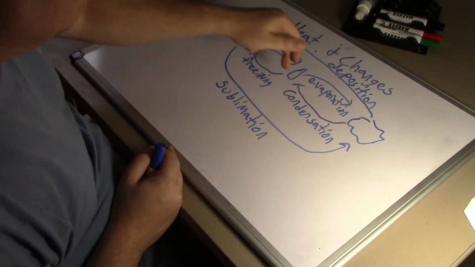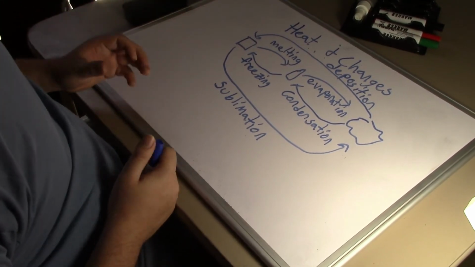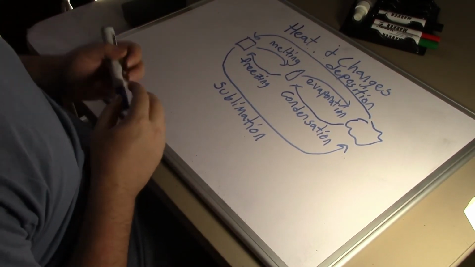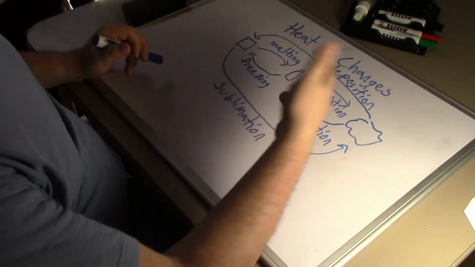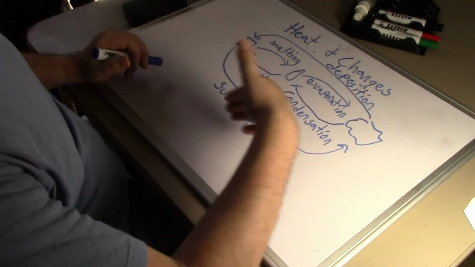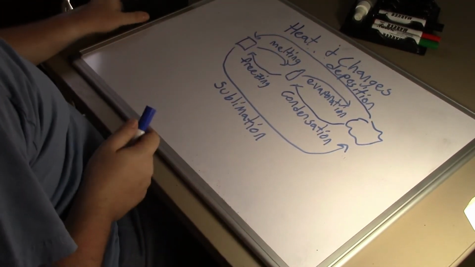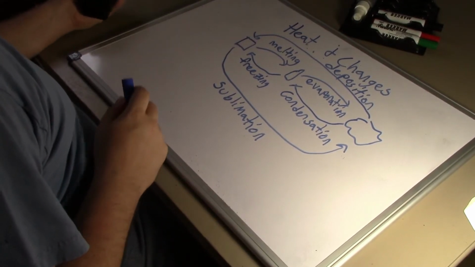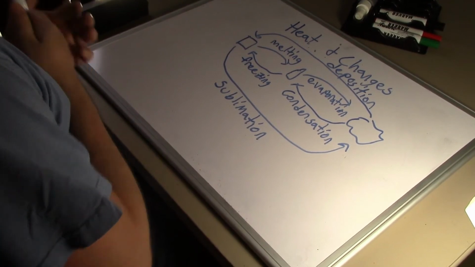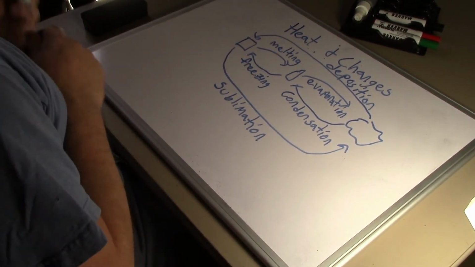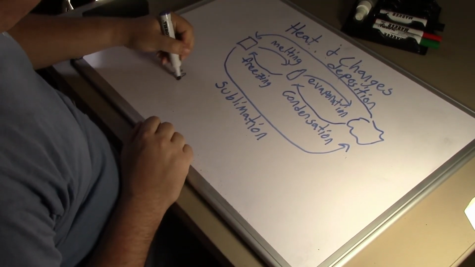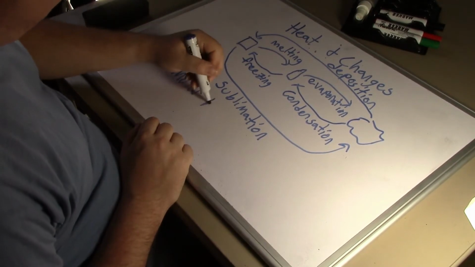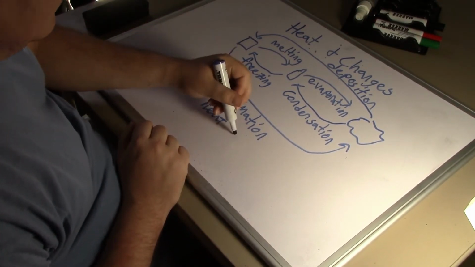We have evaporation and condensation, we have that pair. Which means that we're going to have molar heats of whatever for each of those sets. So in the case of going from liquid to gas, we're going to have the molar heat of vaporization.